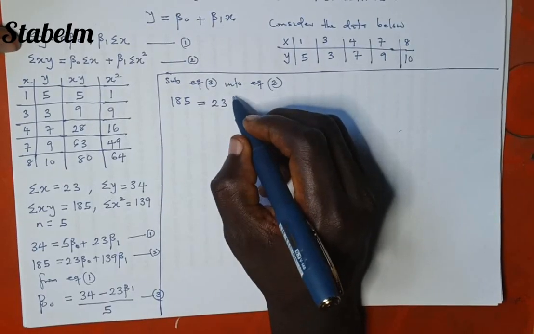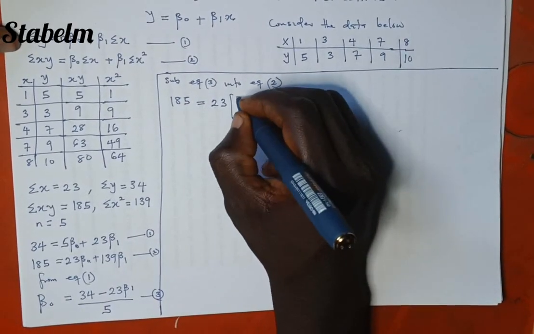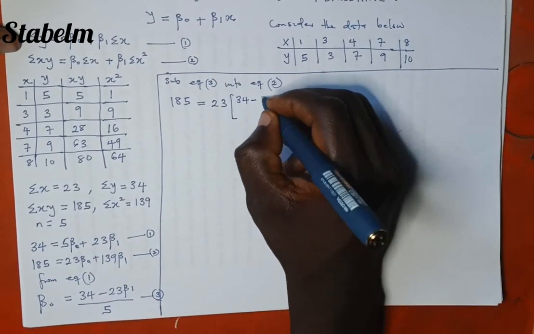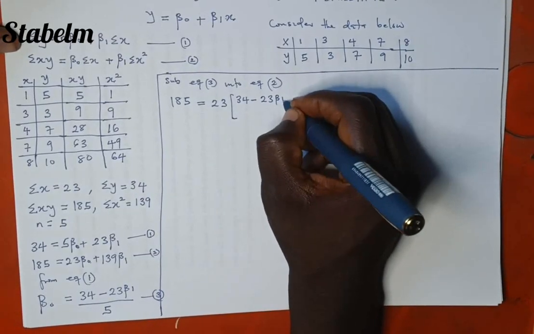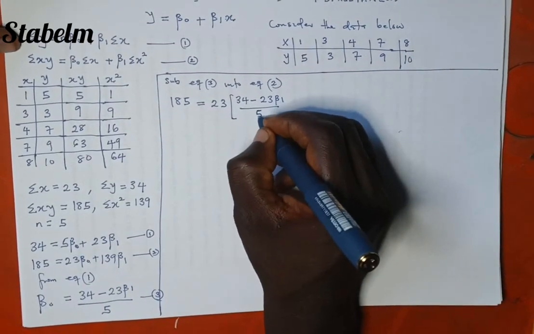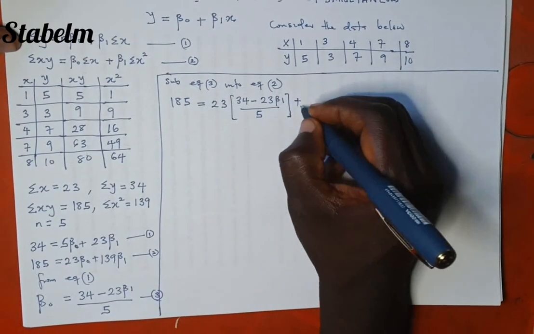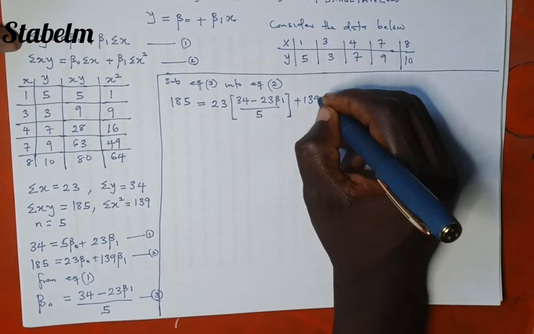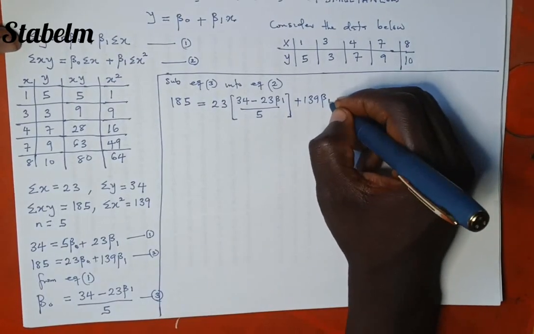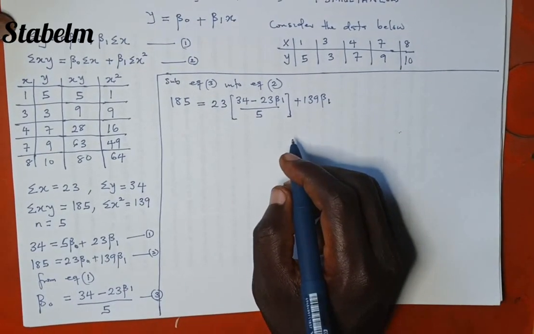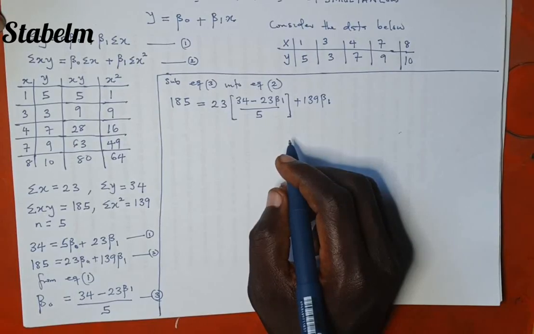Our beta naught now is 34 minus 23 beta 1, all divided by 5, plus 139 beta 1.